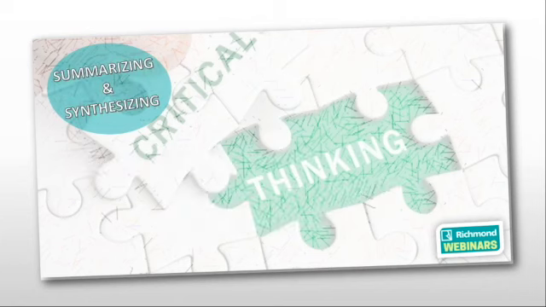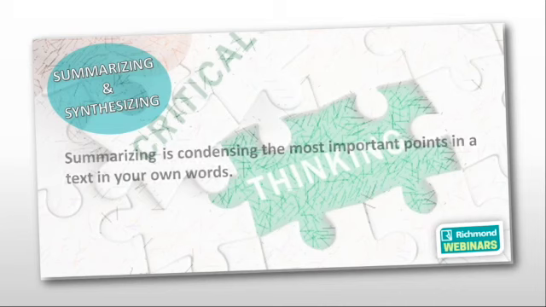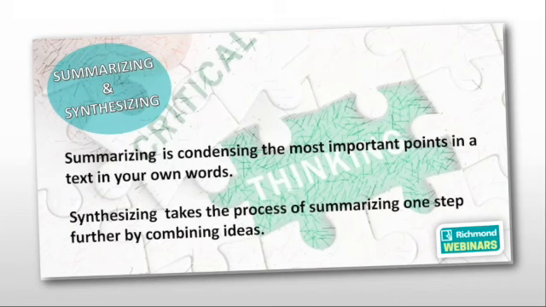Now, summarizing and synthesizing. These are other two skills. What's the difference? Because they're pretty similar. Yes. Summarizing is condensing information, the most important points from a text, using your own words. And this is to provoke the, oh, I got it. Yes, I understood. This is the summarizing. And synthesizing is summarizing, but taking the process one step further by combining ideas.